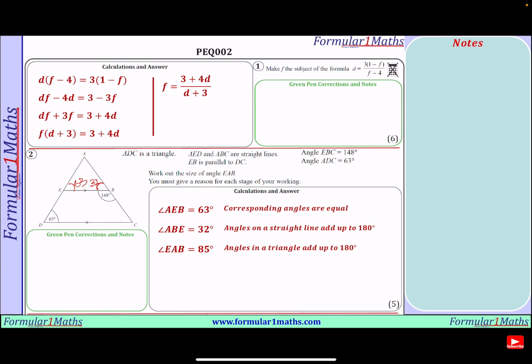But in the exam, please put down some working out. So for example, I would do 180 minus brackets 63 plus 32. And then I can write down my final answer, 85. So that is the answer for question 2.